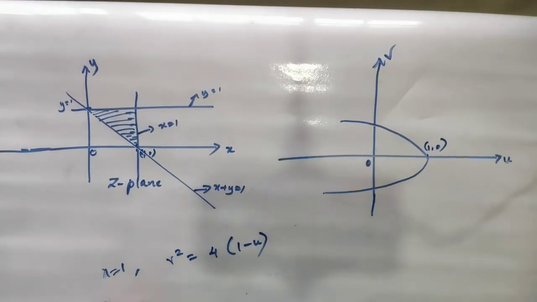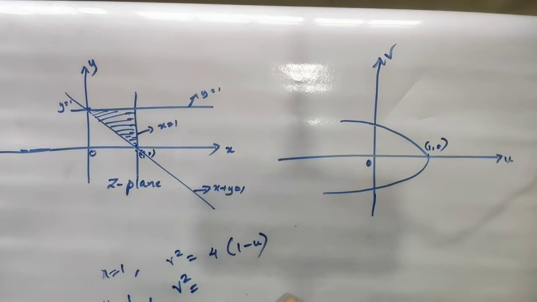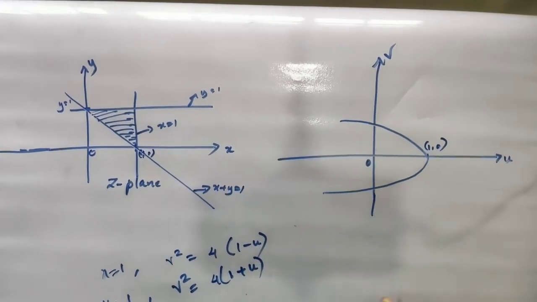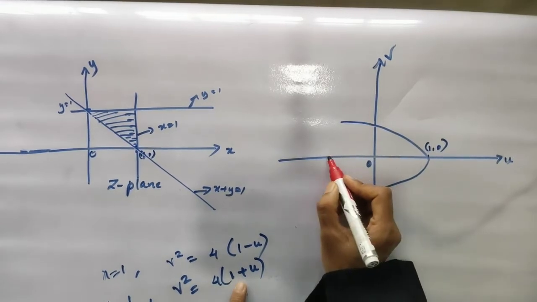Similarly, for y is equal to 1, we got the parabola v square is equal to 4 times (1 plus u). We got it something like this. This is also a parabola in the w plane with the vertex at minus 1 comma 0.